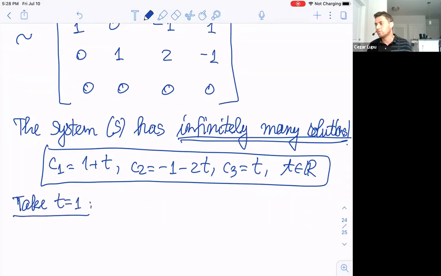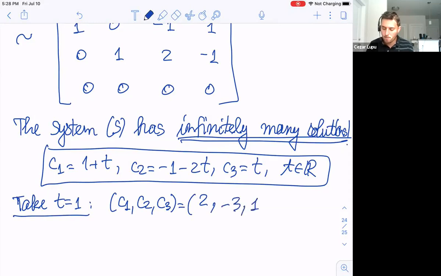If we take t equals 1, we obtain a particular solution. We have C1, C2, C3 to be, let's say, 2, -3, and 1. And of course, we can write our vector W as a linear combination of these, which is 2v1 minus 3v2 plus 1 times v3.